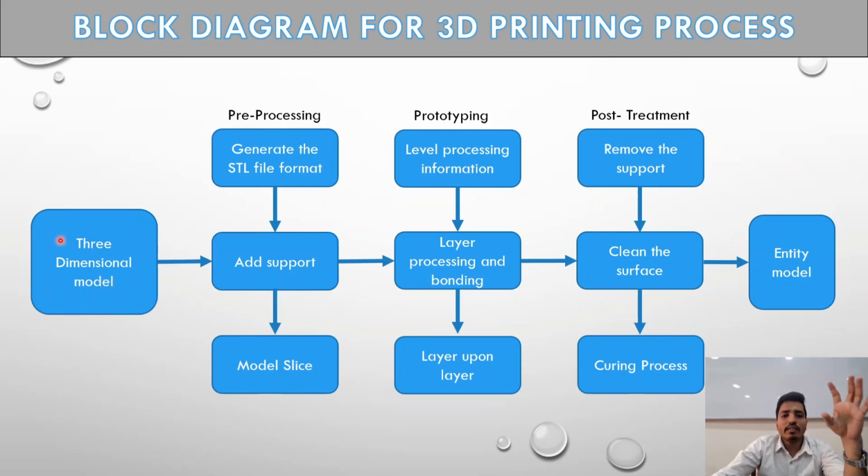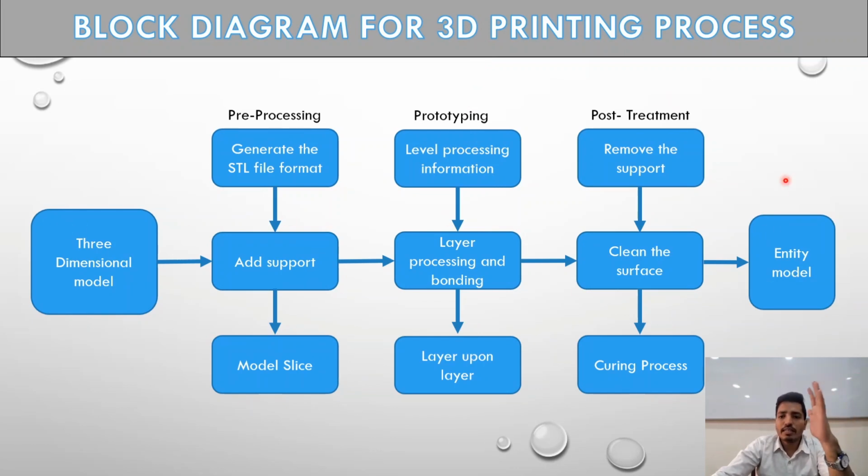To create this three-dimensional model, we use different CAD software. Then we have to import that three-dimensional CAD file into the slicer software, which slices the CAD file into layers, and then it is processed. This block diagram consists of three parts: pre-processing, prototyping, post-treatment, and the final model.